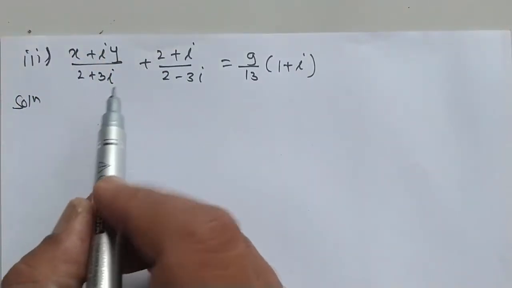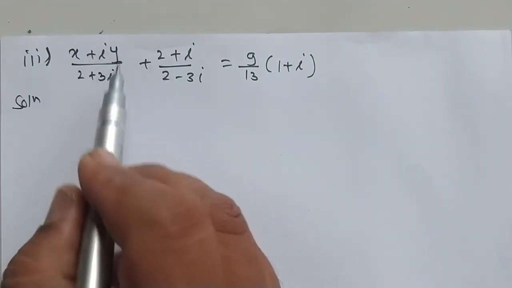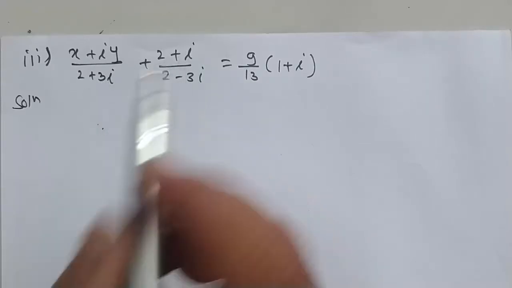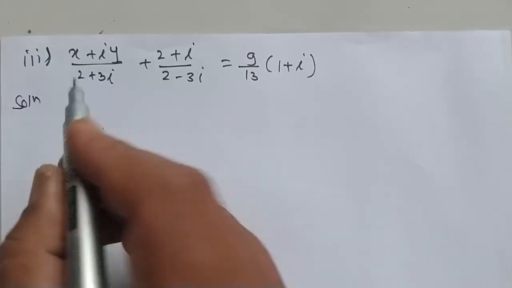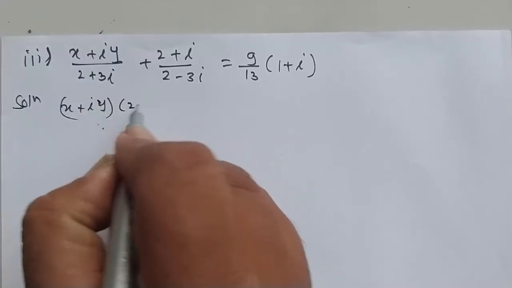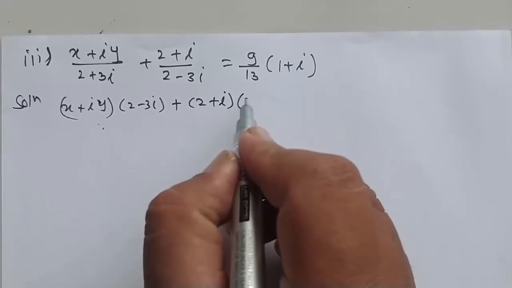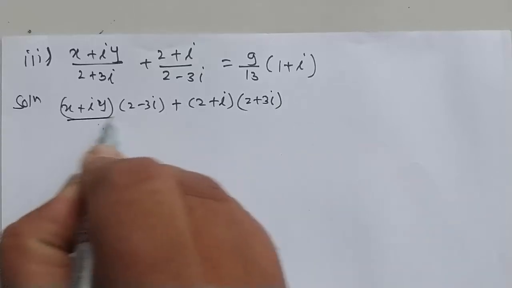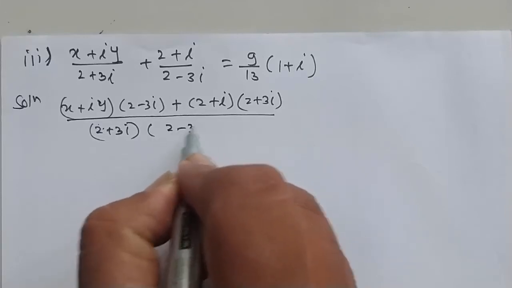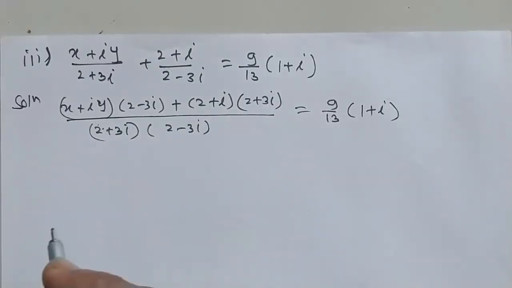Therefore, we multiply the first term by 2 minus 3i in both numerator and denominator, and we multiply the second term by 2 plus 3i in both numerator and denominator, and taking their sum in the numerator: (x plus iy) into bracket (2 minus 3i) plus (2 plus i) into bracket (2 plus 3i) divided by (2 plus 3i) into (2 minus 3i) is equal to 9 upon 13 into bracket 1 plus i.